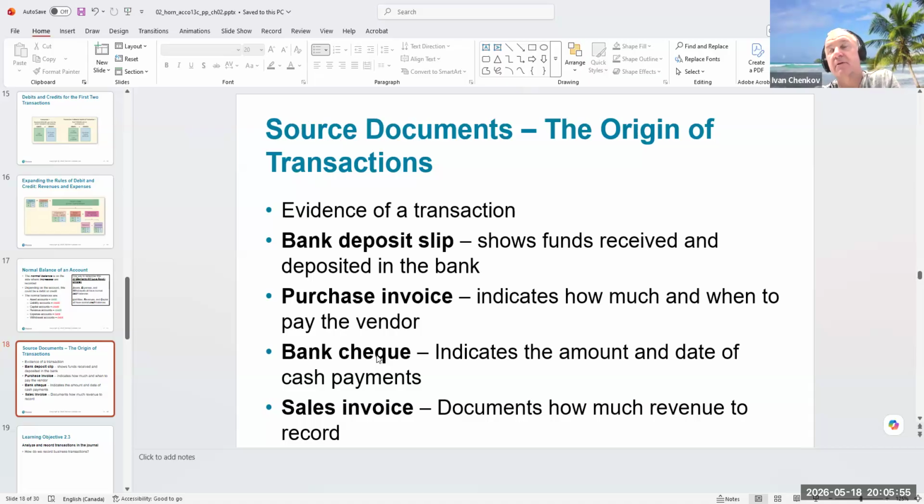On the sales, obviously, we have to have a document that confirms that we sold something to somebody. And that most likely will be the sales invoice. Once we have any form of those documents, is it going to be physical as an invoice or paper, or is it going to be electronic as an electronic file, PDF format, or any kind of format, it works.